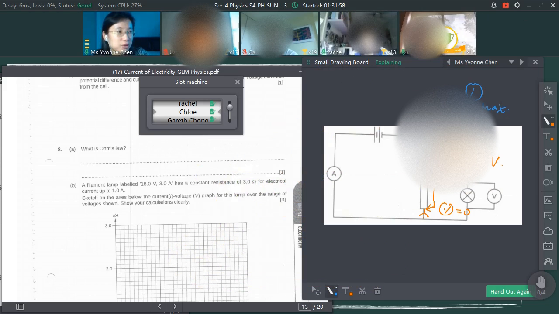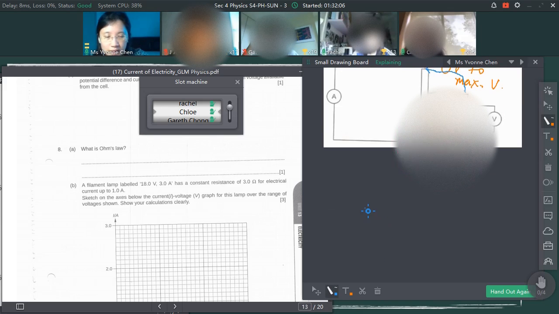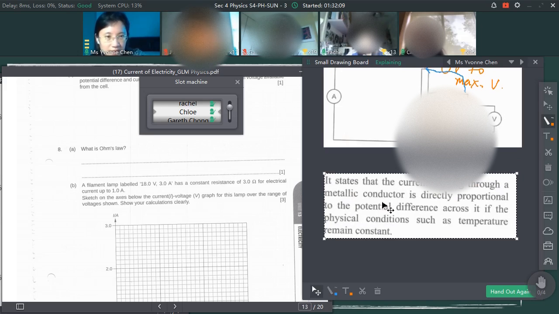Very good. I'm going to give you the definition now in case you are not sure what keywords to include. On my drawing board, I just pasted it here. Ohm's law states that the current flowing through a circuit is directly proportional. You must mention either metallic conductor or ohmic conductor.